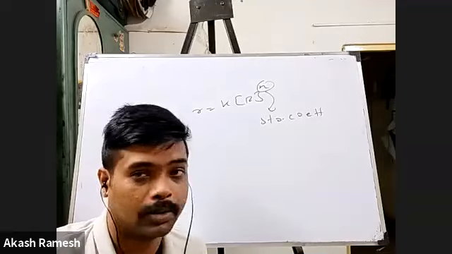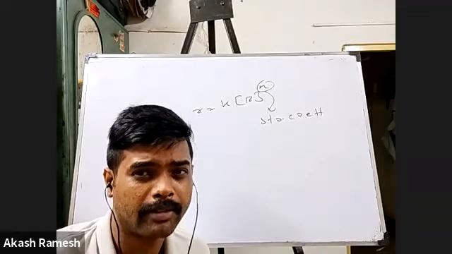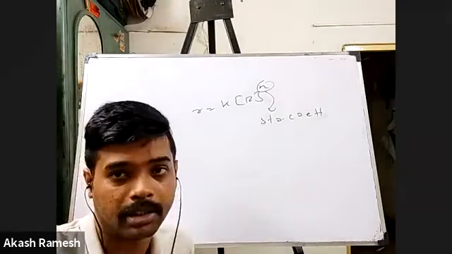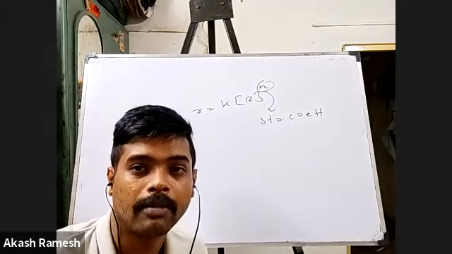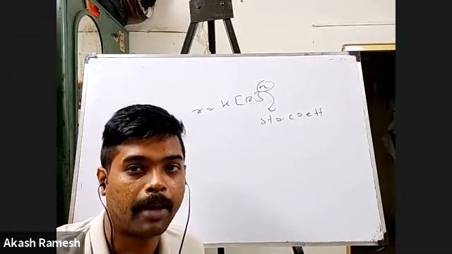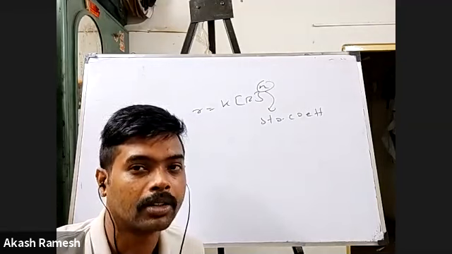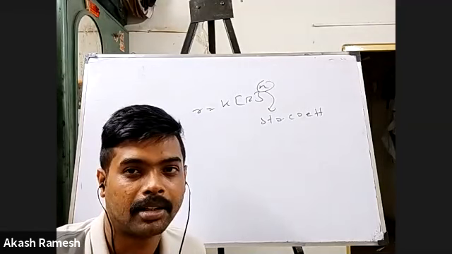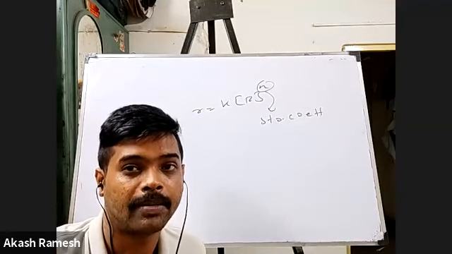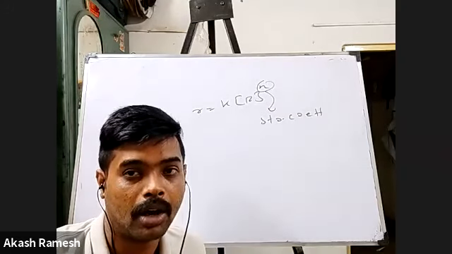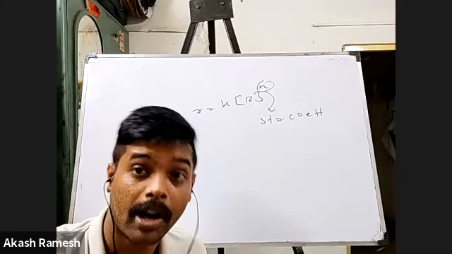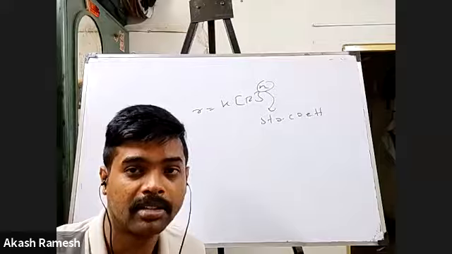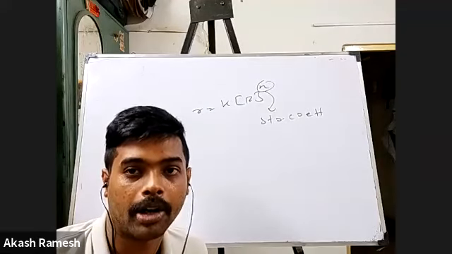Okay, so then we spoke about order. We started with something called the law of mass action, right? The law of mass action says that the rate of a chemical reaction is directly proportional to the product of the concentrations of the reactants raised to some powers, and those powers are what are called the order of the reaction.